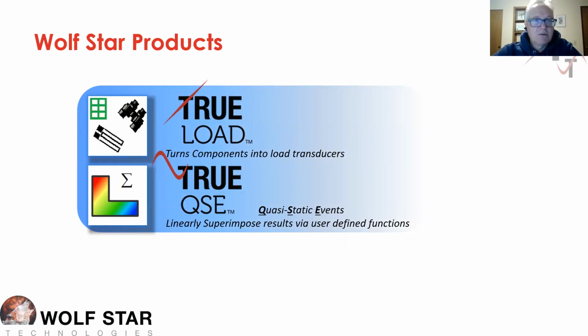So we'll calculate time histories of loading that map back to individual result sets in your FEA model. And then TrueQSE is the tool that allows you to fully visualize and fully realize the full field results on your model. So TrueQSE is so important for understanding your loading and your loading response. Whenever you get TrueLoad, we automatically bundle in TrueQSE along with the product.